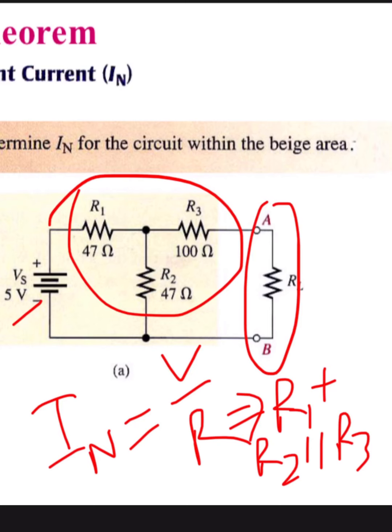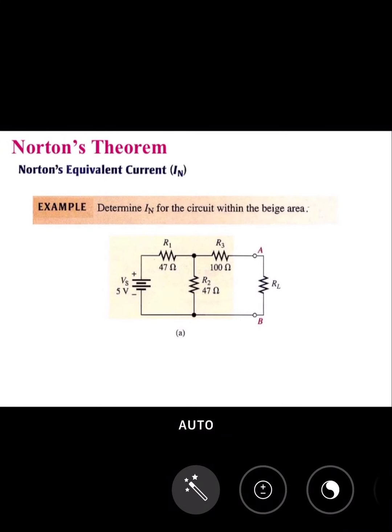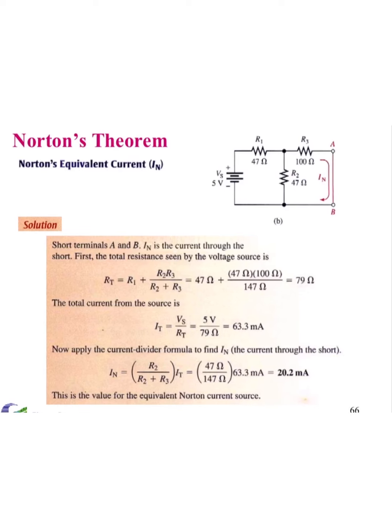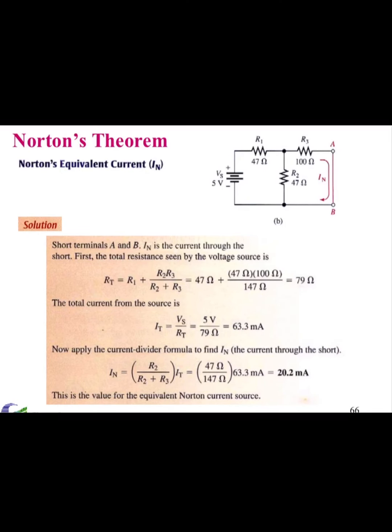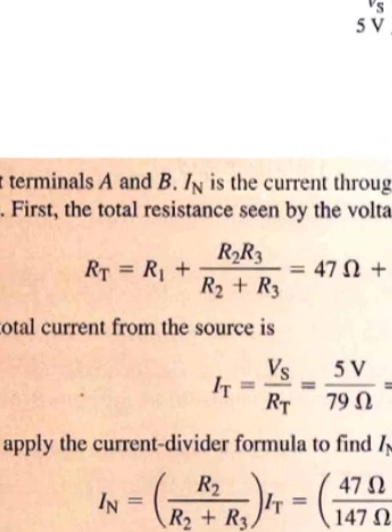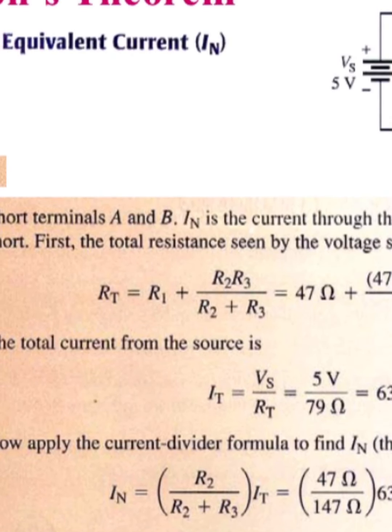Okay, so let us see what happens. Here I equals V upon R, as I wrote in the previous slide. Here it is written as RT.